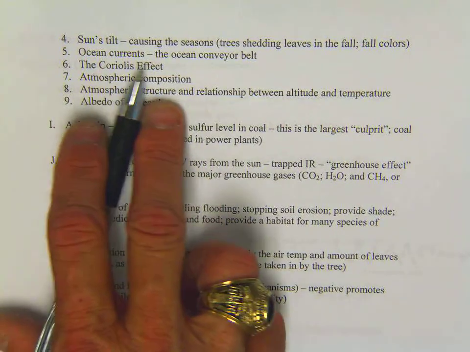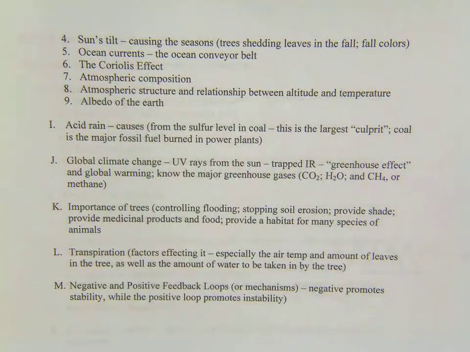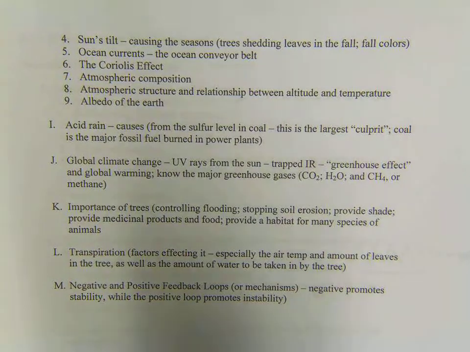You should know about the ocean currents and the ocean conveyor belt, which is basically a large system that operates on a thermohaline gradient. Basically, cold, salty water sinks, warm, less salty water rises. And there's a large conveyor belt system that acts to help cool various climates.